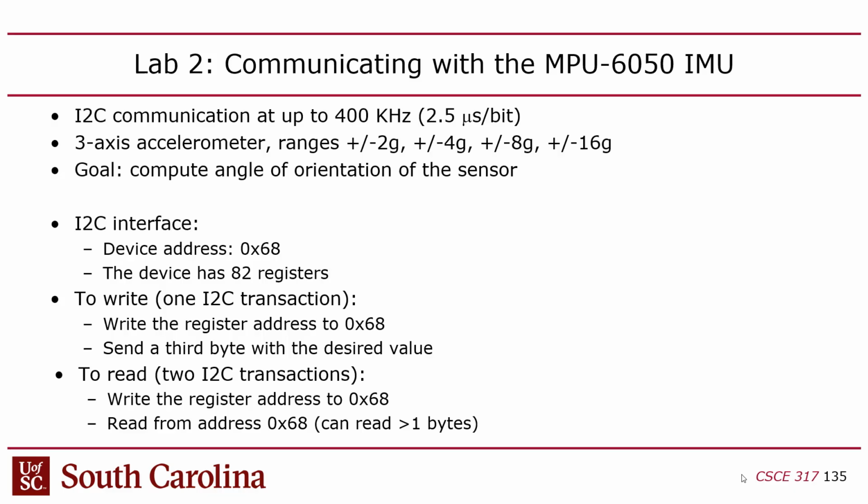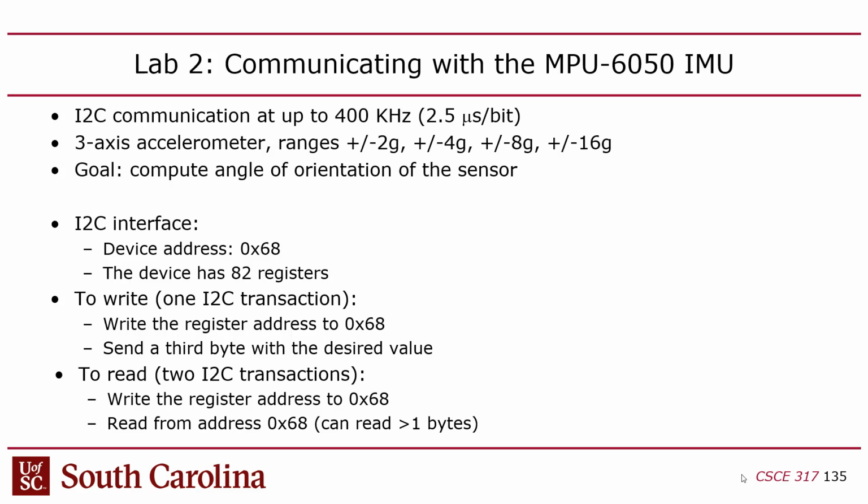So you address the slave, but then you might say, wait a minute, the slave has 82 registers on it. How do I specify what register on the slave I want to talk to? Well, you have to do 2 I2C transactions. You perform a write to the slave address, but the data that you write is the address of one of the 82 registers you want to access.